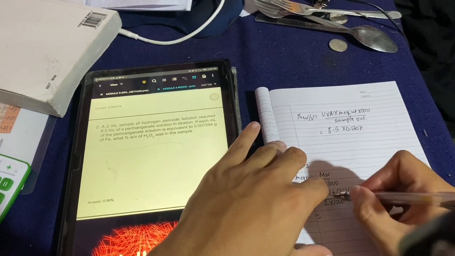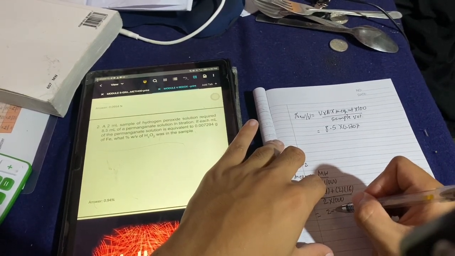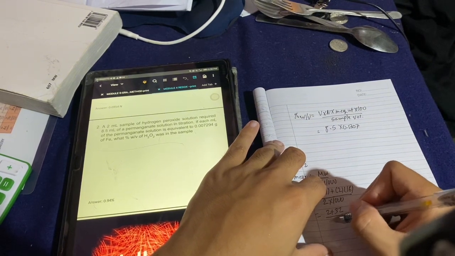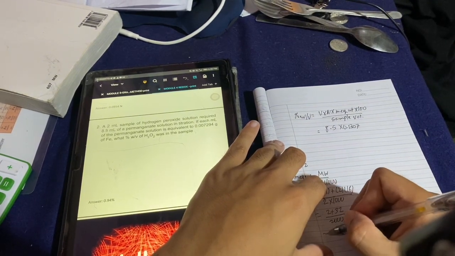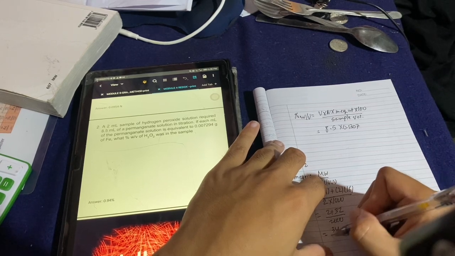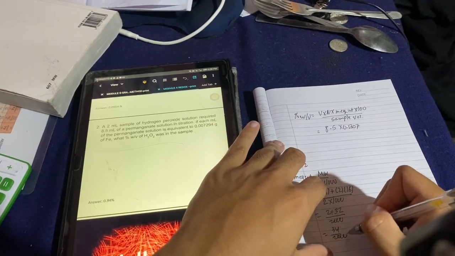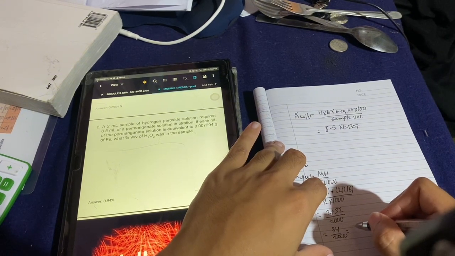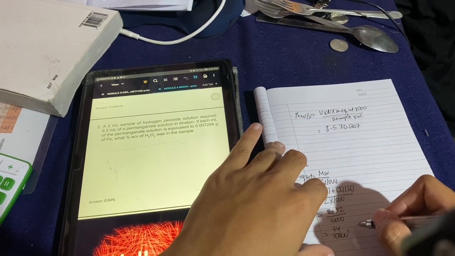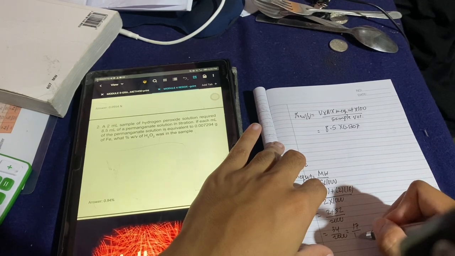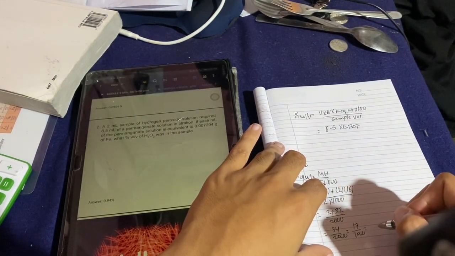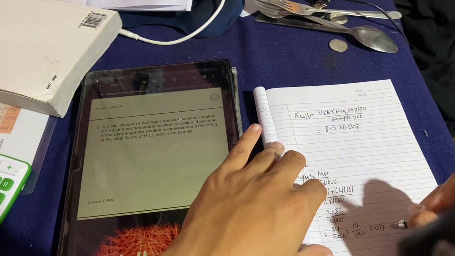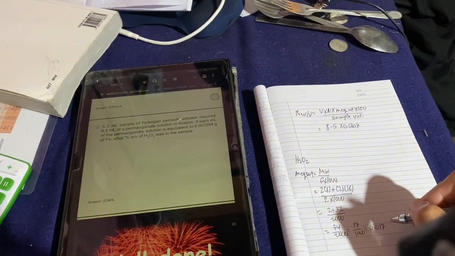In order to calculate, 2 times 1 is equal to 2, then 2 times 16 is equal to 32, divided by 2000. So 34 over 2000, let's divide them by 2. So that will be 17 over 1000. Then 17 over 1000 will be equal to 0.017, and that's our milli equivalent weight.